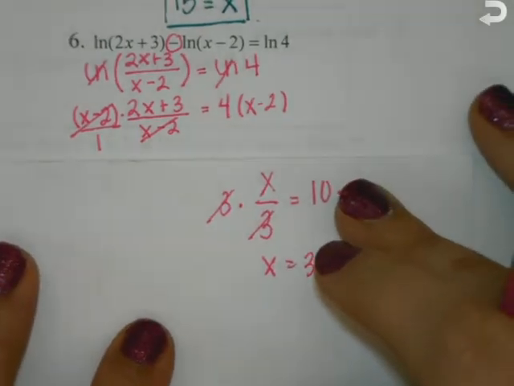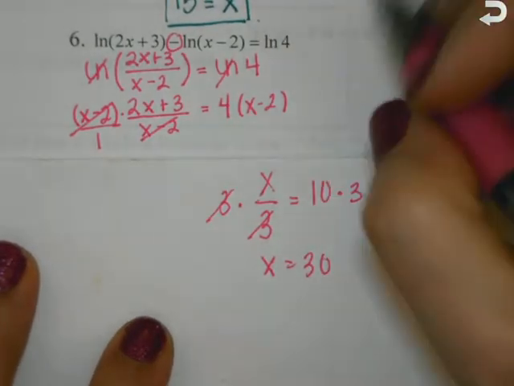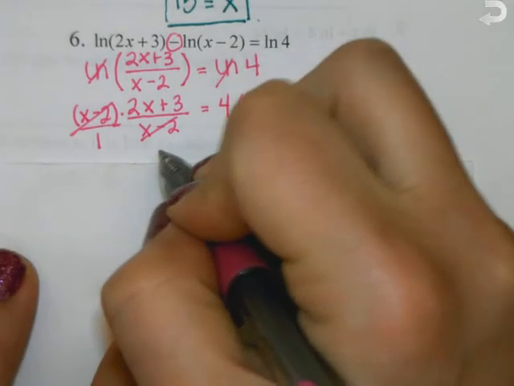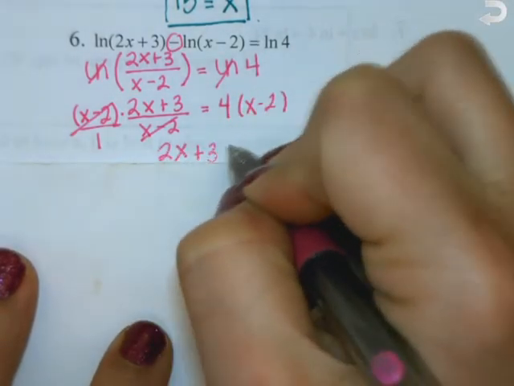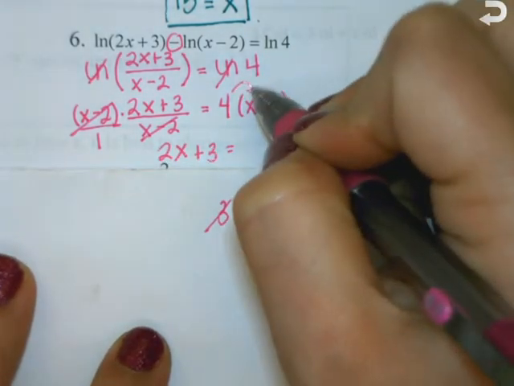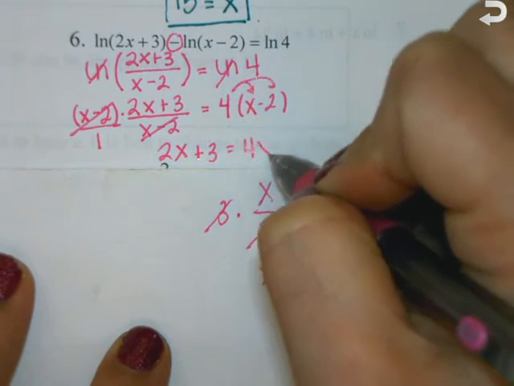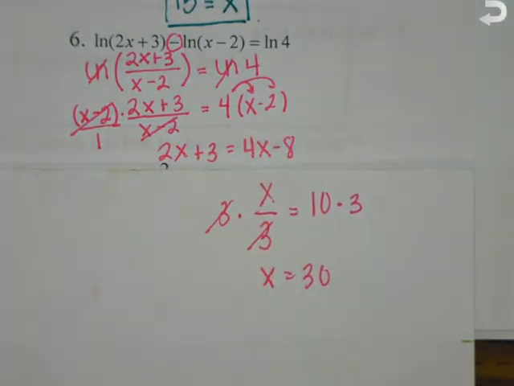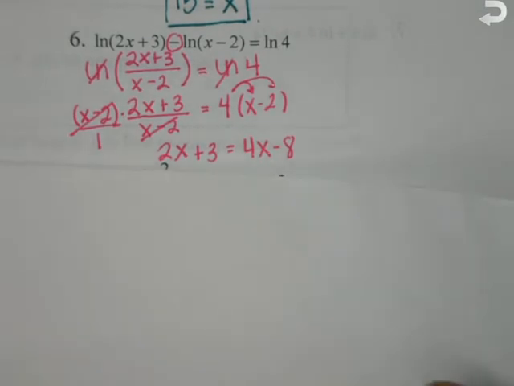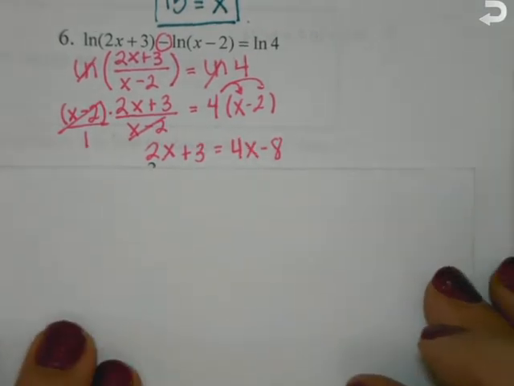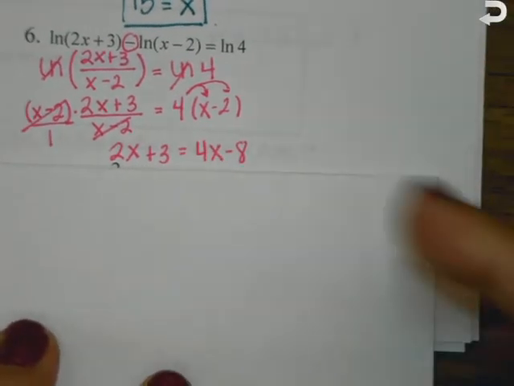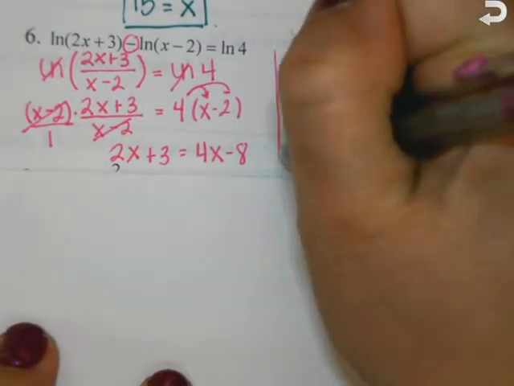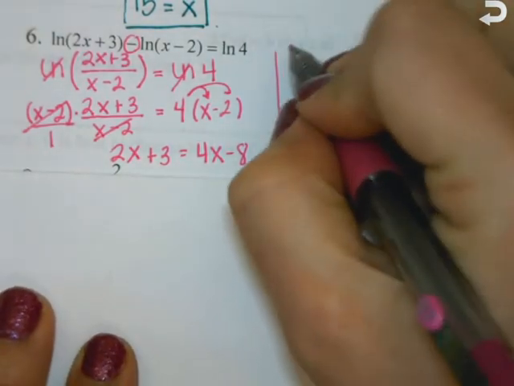So that gives you 2x plus 3 equals, I'm going to distribute in the same step, 4x minus 8. Let me turn this over. Okay, what would you do next to solve? Subtract 2x. Okay, so subtract 2x and add 8. And I'm going to do both in the same step again.